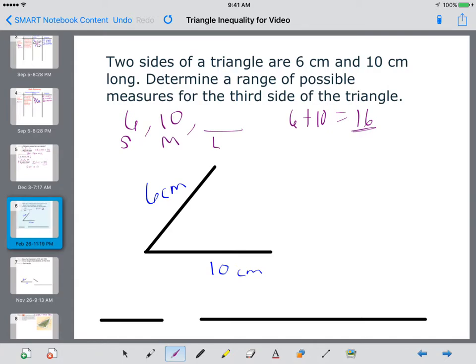So potentially 15.999. So first would be less than 16. And now what if we had 10 as the largest side, and we've got medium and small, and 6 is going to fit in there as the medium.